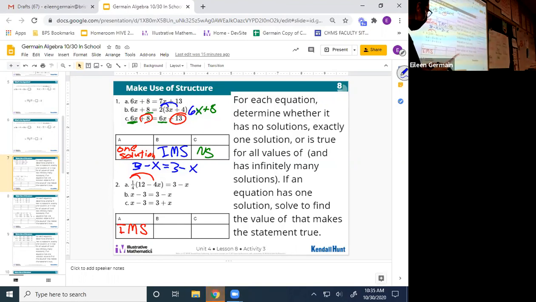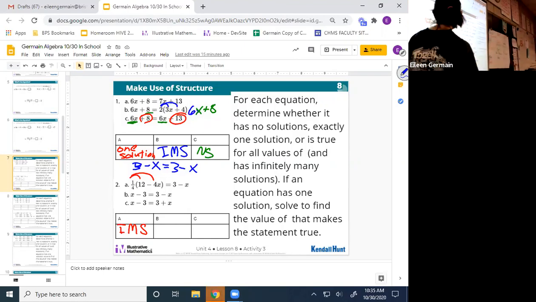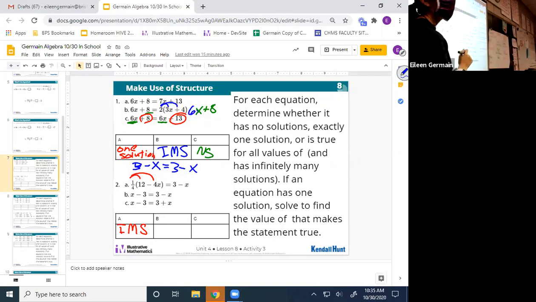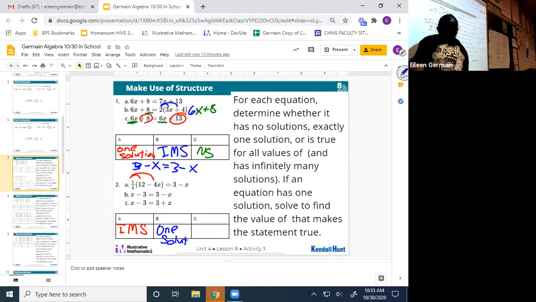Very good. Now, when we looked at 2B, which I had Naseem do, he said that it had one solution, and that is correct. Awesome job, Naseem. One solution. And why is that?